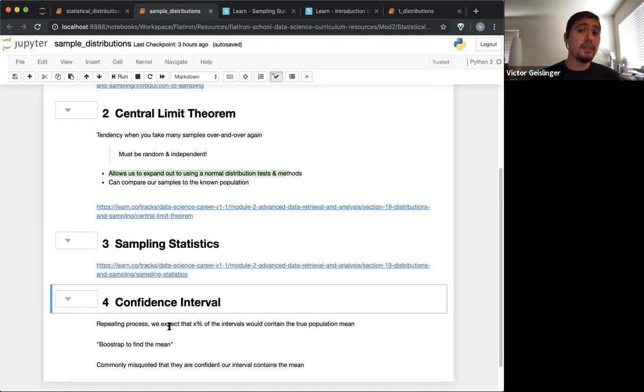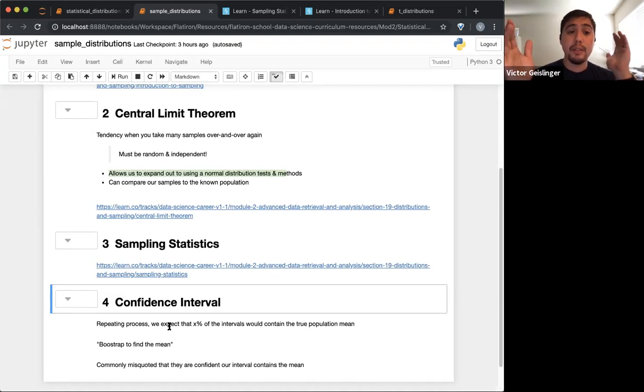I can say that I have a confidence interval of 95% from this point to this point, like from 20 to 80.